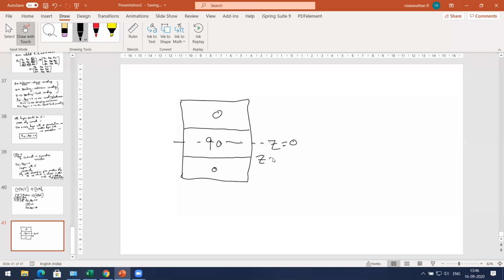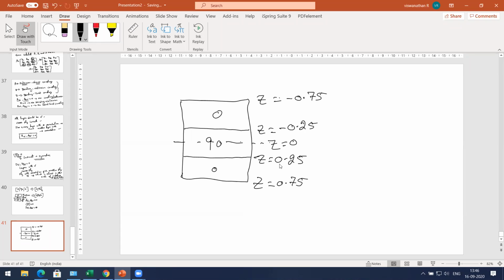Here z will be equal to 0.25, and here z will be equal to 0.75. Above the mid plane, z will be equal to minus 0.25, and here minus 0.75. So this is the coordinate system that we follow.